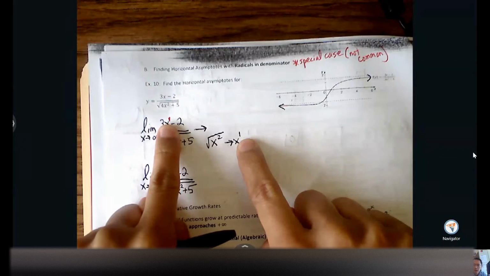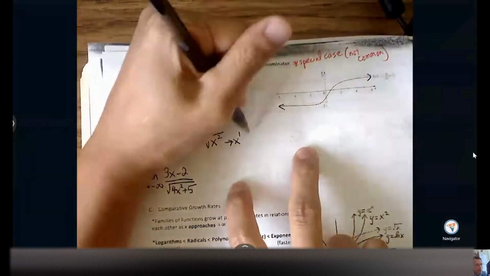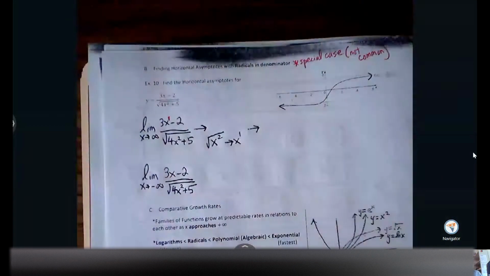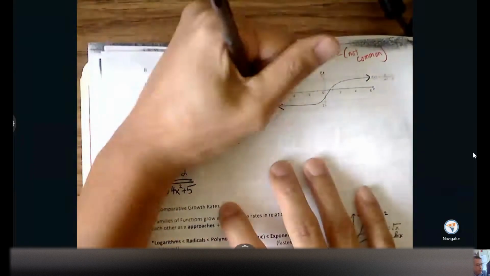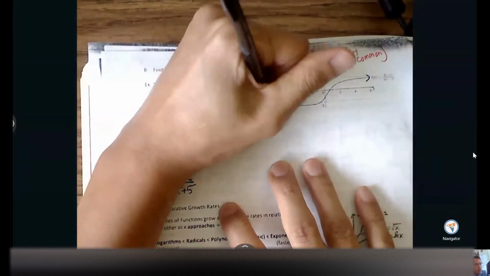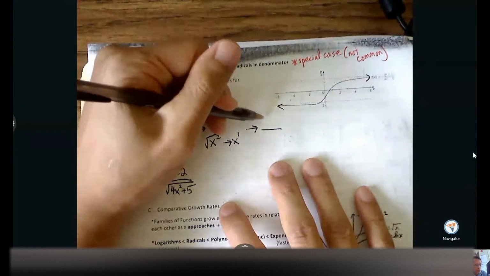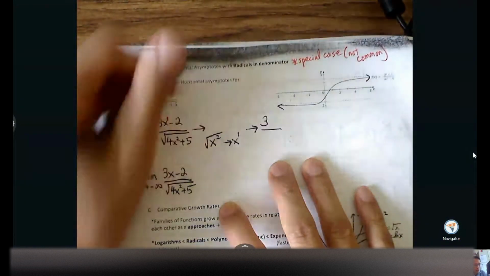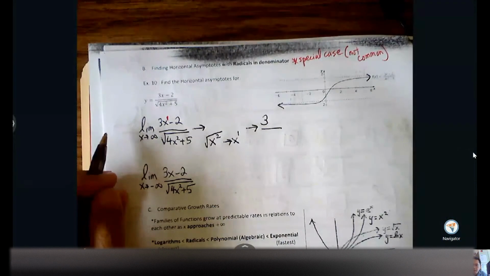And how do we handle same degrees for infinity? We take the what? Coefficient. Right, the ratio of the coefficients. Let's keep going with that thought process. The numerator has a coefficient of 3. That's pretty clear. What is the coefficient of the denominator variable?